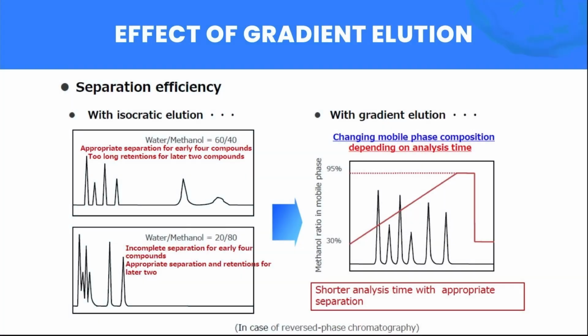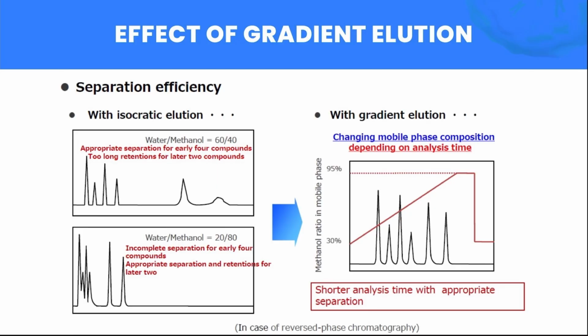The question arises, why do we need gradient elution? Its answer lies in this slide, and the main purpose is separation efficiency. For example, first of all, we select isocratic elution in which the composition remains the same. In this chromatogram, we are taking water 60% and methanol 40%.